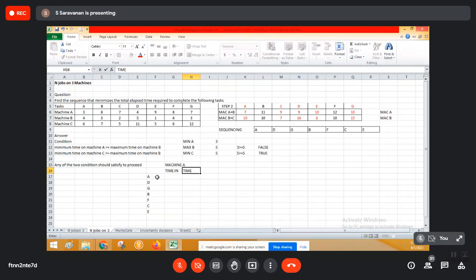Machine B: time in, time out. Machine C: time in, time out. Just have a careful observation of what I'm doing.